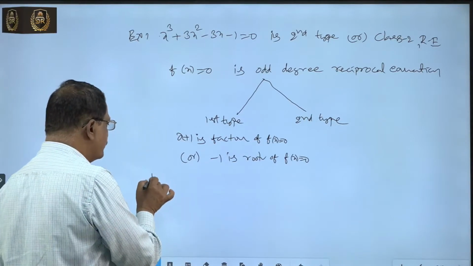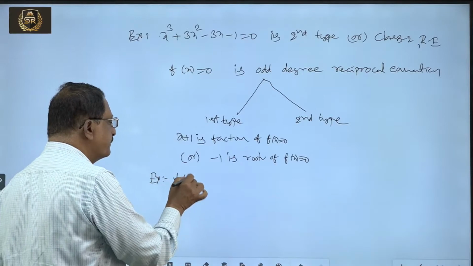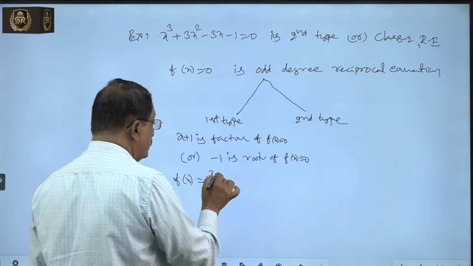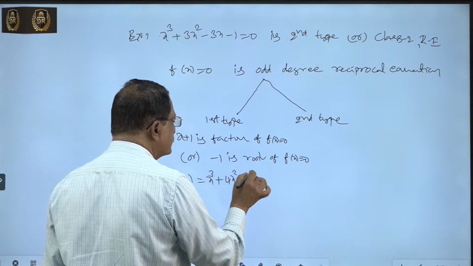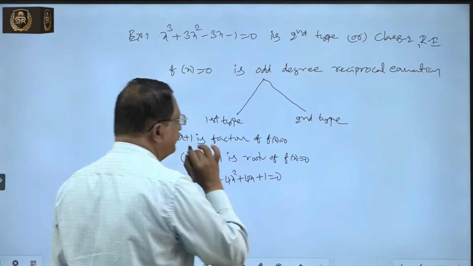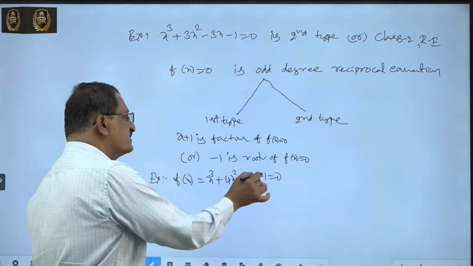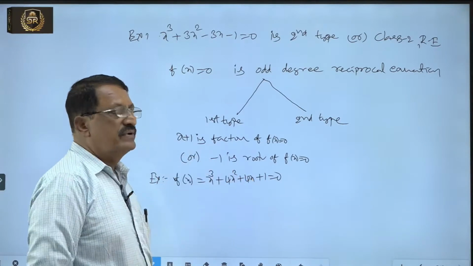For example, consider f of x equals x cube plus 4x square plus 4x plus 1 equals 0. Here the coefficient of x cube equals the constant term, and the coefficient of x square equals the coefficient of x.